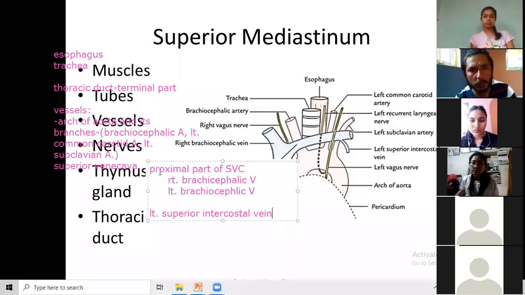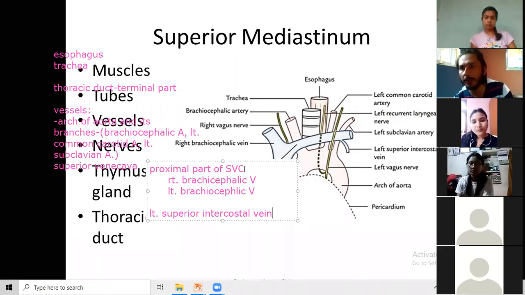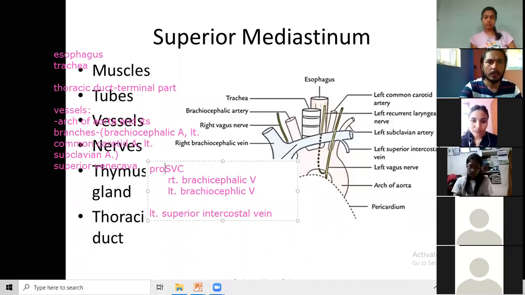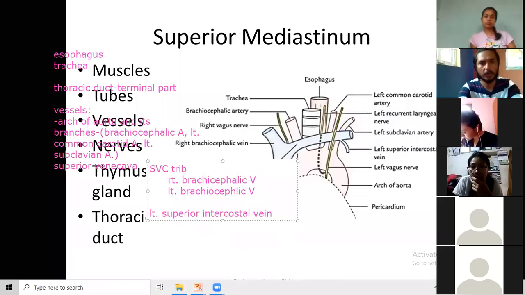The vein you will see is the proximal part of the superior vena cava, or you can directly write superior vena cava, it will be easy for you. Superior vena cava and its tributaries.